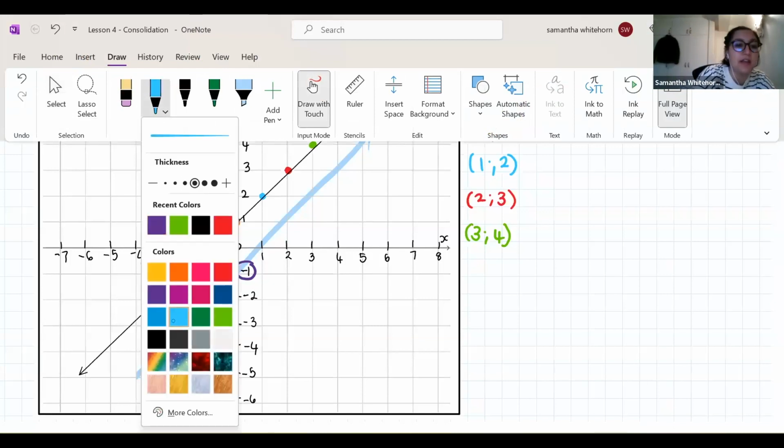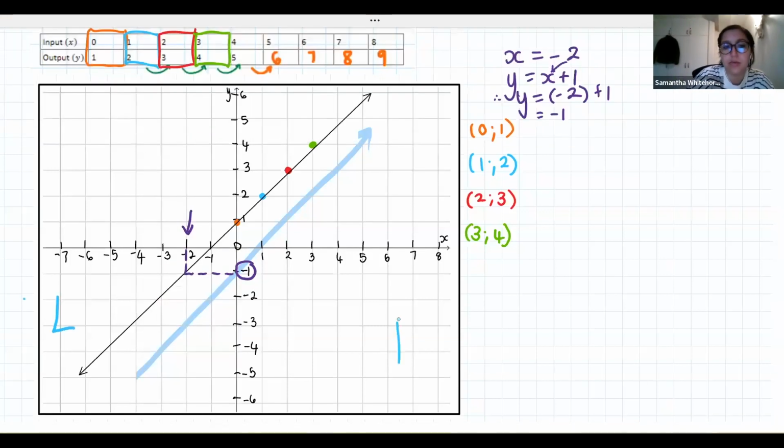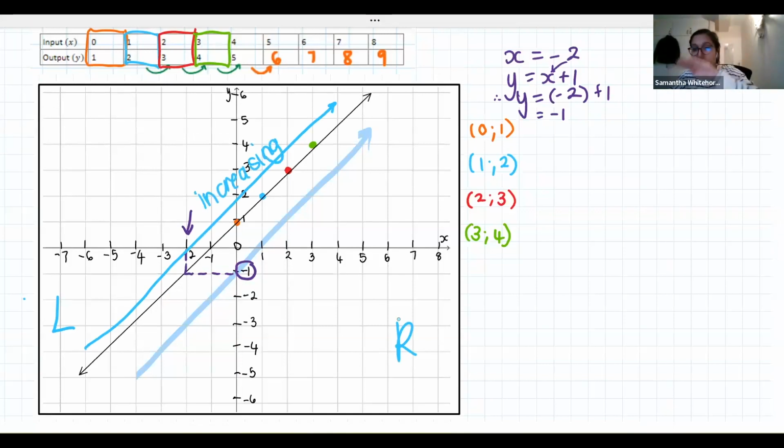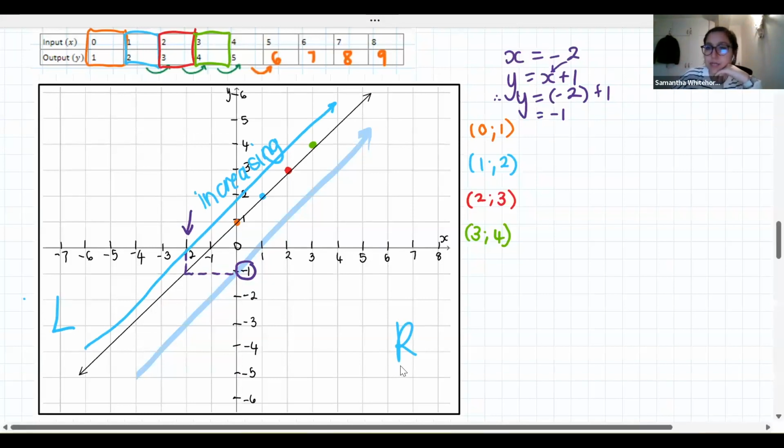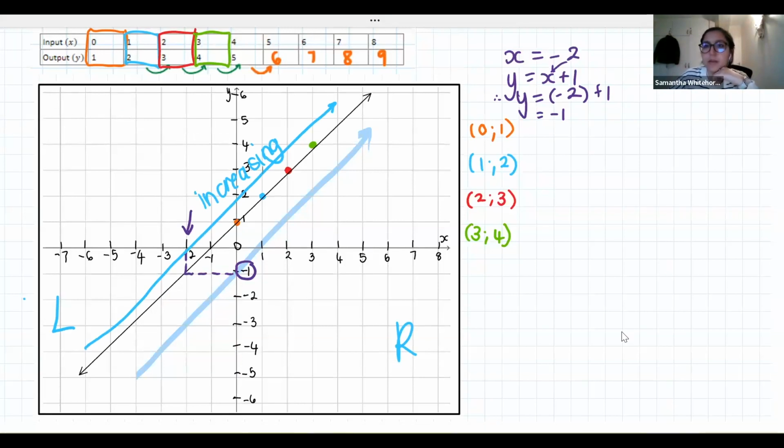If we start on the left-hand side and we go to the right, we can see that we're starting at the bottom and we're moving up. And so that means it is increasing. On the other graph that we did, if we started on the left and we went right, it was decreasing. So that's a decreasing graph. Does that help? Thank you, ma'am. Yes. Good.